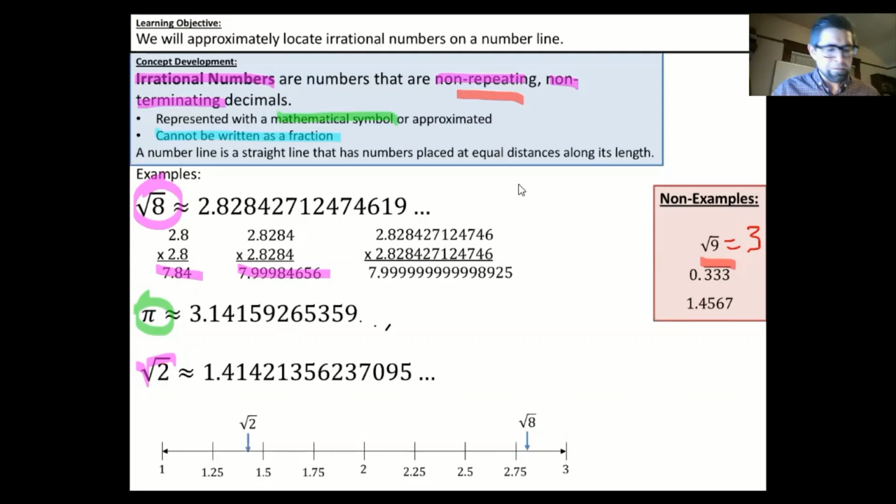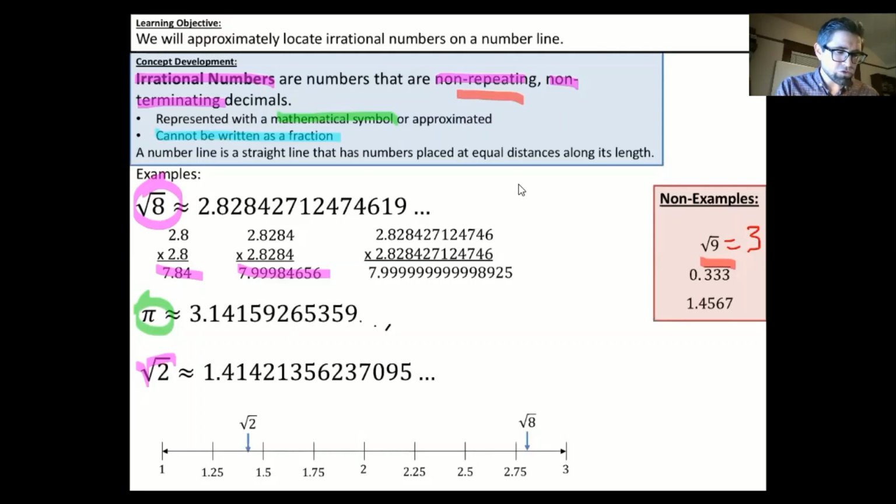Now, there's one more thing we need to talk about before we move on, which is what we are going to do with the irrational numbers in this lesson. We need to be able to approximate them on a number line. We need to be able to find them on there. Let's talk real quick about what a number line is. I'm sure you already know and understand, but there are some details here that might help us out later in the lesson. First off, let me get a new highlighter here.